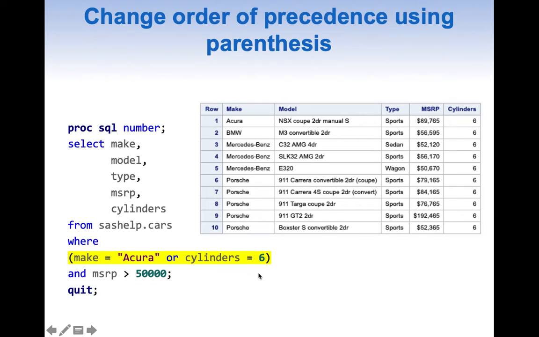Once this condition was satisfied, it also satisfied greater than 50,000, so we can see the BMW here also in the result. In the same way, Benz and Porsche also come because they are 6 cylinders and they satisfy one condition here, and also the AND condition here. So order of precedence is very important, and the way we change it will change the results.